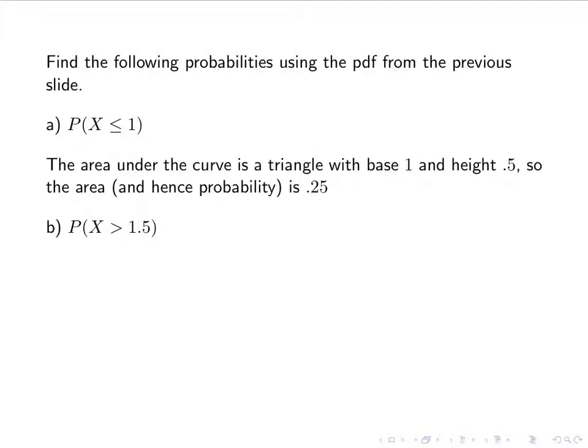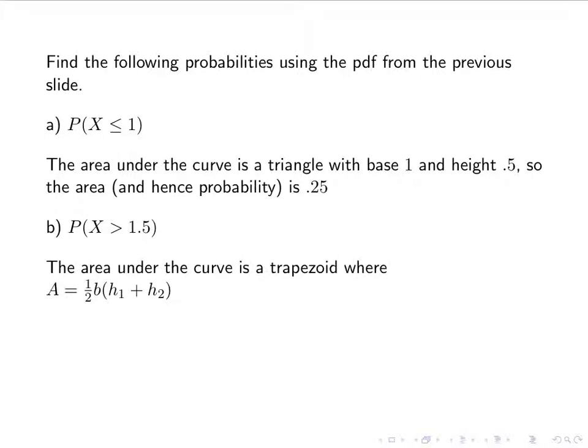What about the probability that x is bigger than 1.5? If you go back again to that triangle, shade in the area between 1.5 and 2, you'll see that we have a trapezoid. And the area for a trapezoid, if you don't remember, is 1/2 times the base times the sum of the two heights, in this case h1 and h2 are the two different heights of our trapezoid.